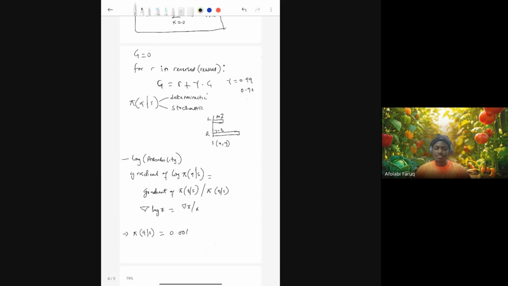This is the probability of that action, probably 0.1%.